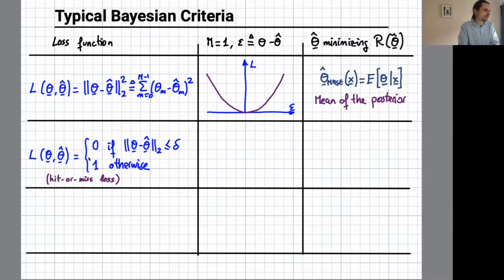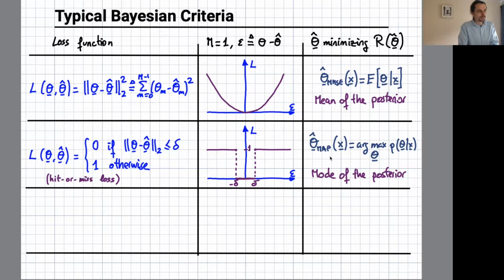So it is a loss that really cares only about whether our estimate is very good, otherwise it doesn't care much. In the case of one parameter, this could be illustrated in this way. It would take the value 0 in the interval minus delta to delta and the value 1 elsewhere.